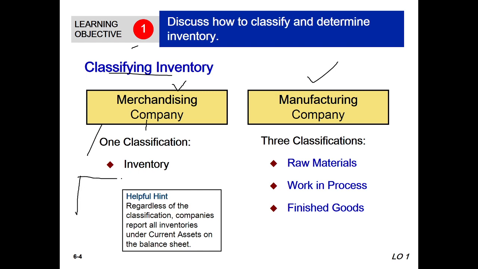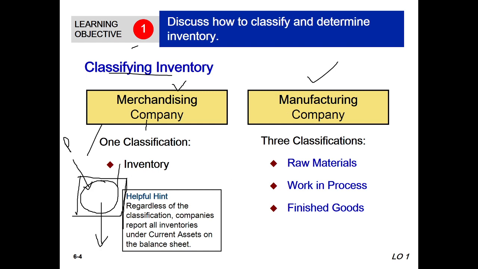Suppose this is our shop or enterprise. We purchase goods, we keep the goods in our organization, and we sell goods. That means we are not producing here, just purchasing goods and selling goods. End of the year we count the inventory. We call this the merchandising company inventory. This is only one type of inventory here.